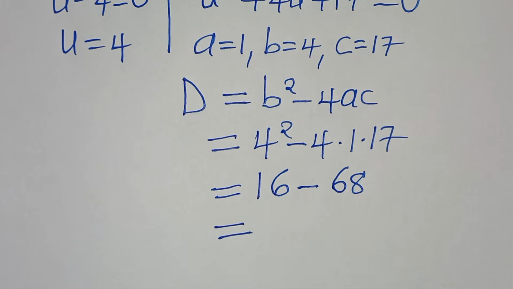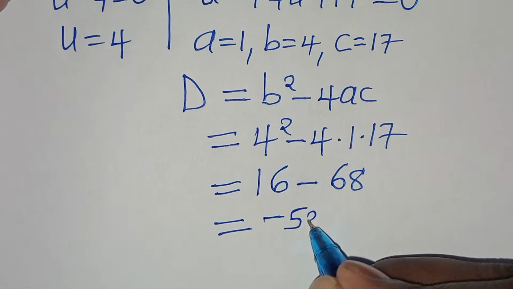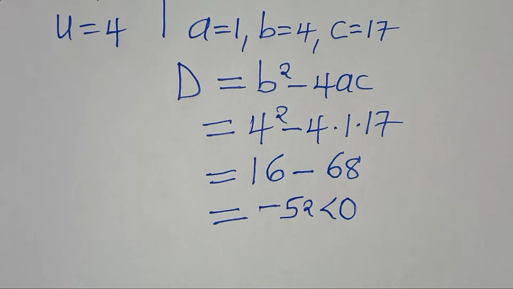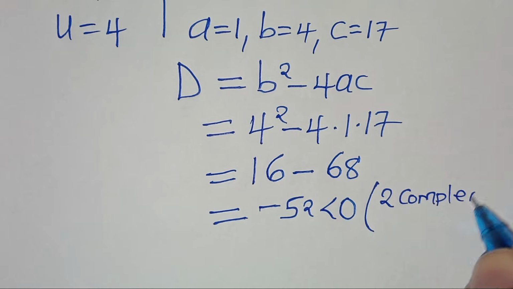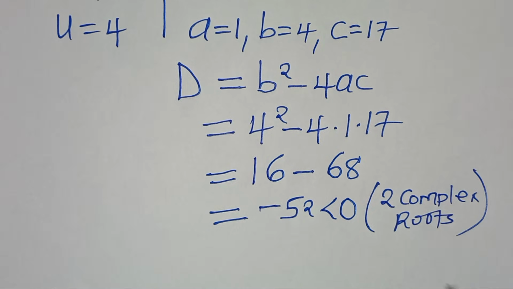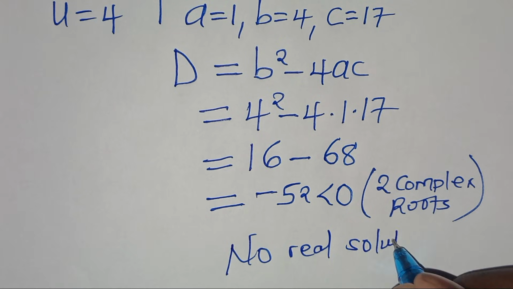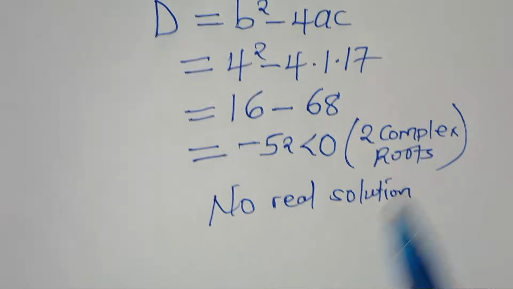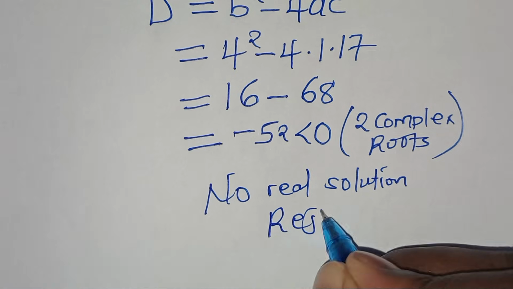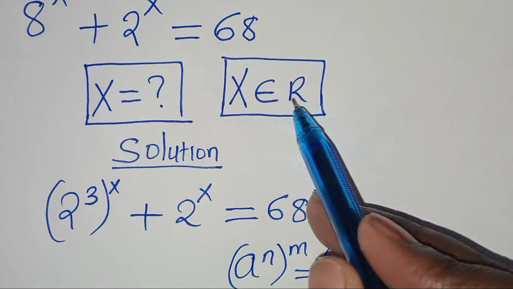And therefore, 16 minus 68, this is minus 52, and this is less than 0. So what this indicates is that we have two complex roots here, and this indicates there is no real solution that can be obtained from this quadratic equation. So this means that the quadratic equation in this case is rejected. So we reject the quadratic equation because x belongs to real numbers.